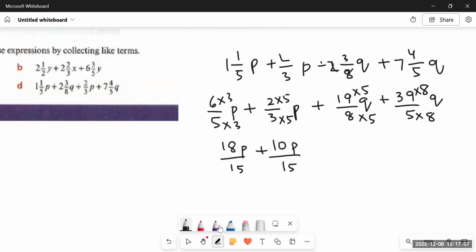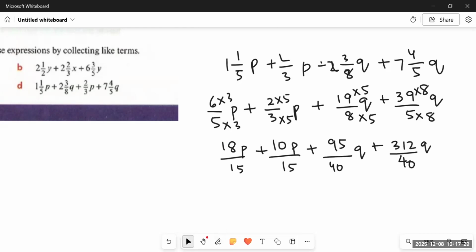You already know 19 multiplied by 5 is equal to 95. 39 into 8 is equal to 312q over 40.